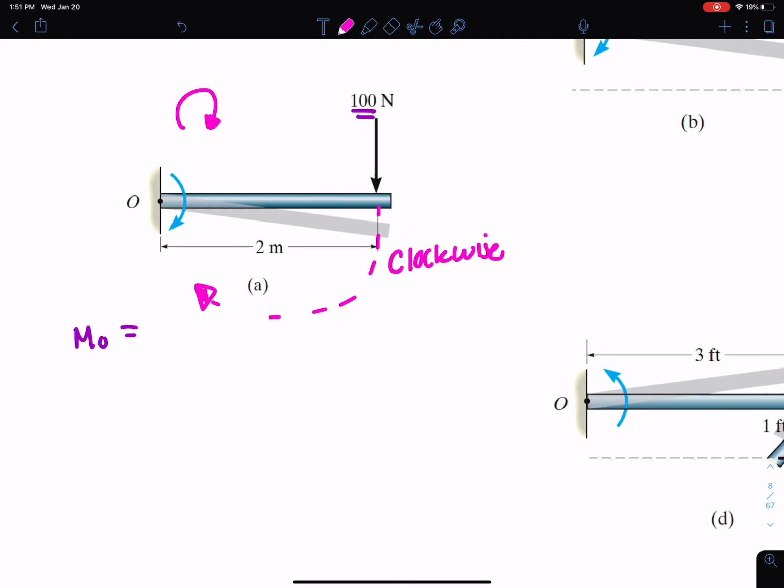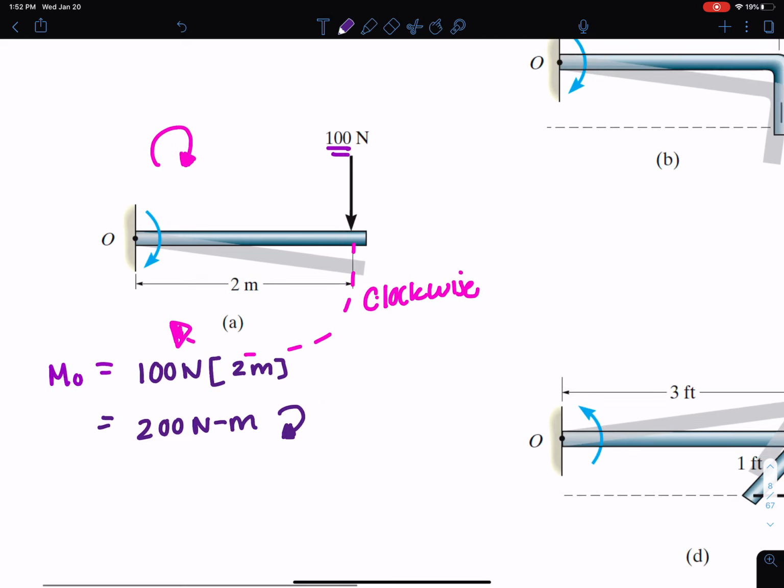So my answer here is M_O is equal to 100 Newtons times, and then typically I will put the moment arm in brackets just for clarity, 2 meters, and I end up getting 200 Newton meters, and I'm going to put the little clockwise arrow so that we all know it's rotating clockwise, okay?